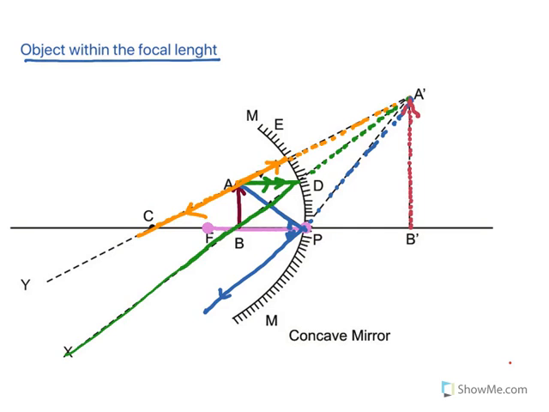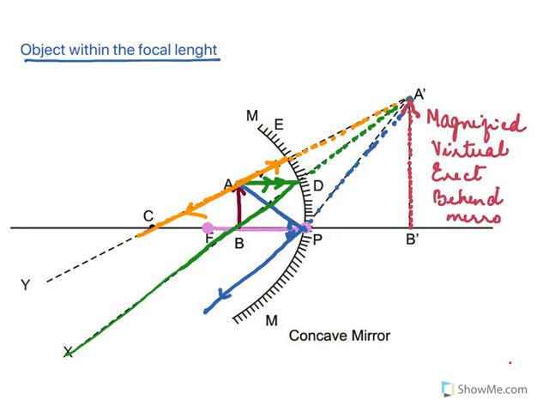They don't actually meet, they appear to meet. So the image is magnified, virtual, erect, and formed behind the mirror.